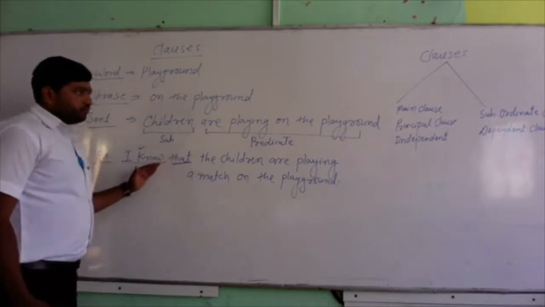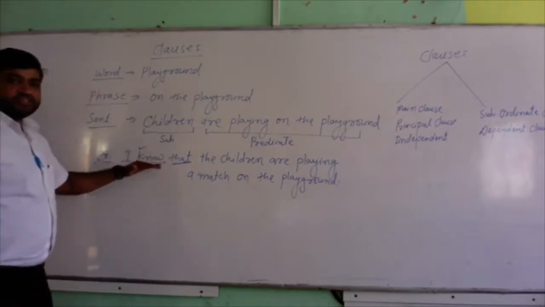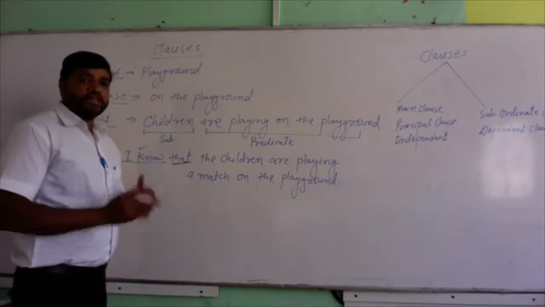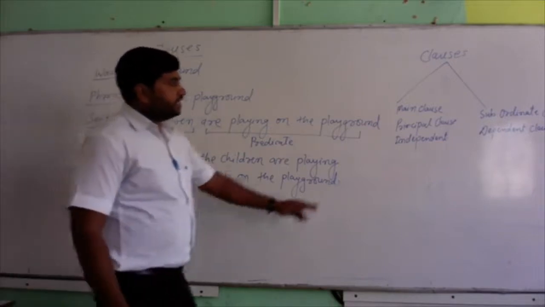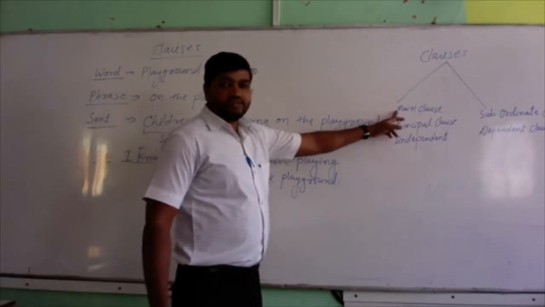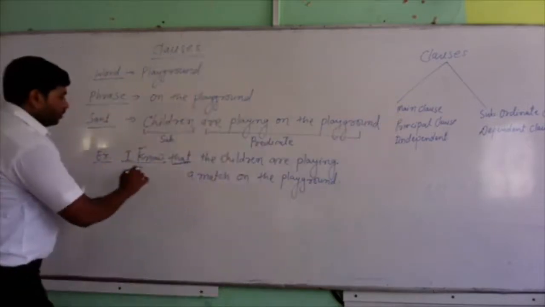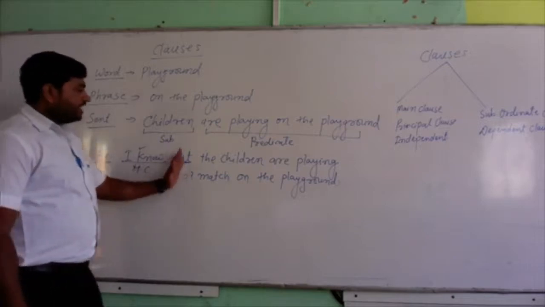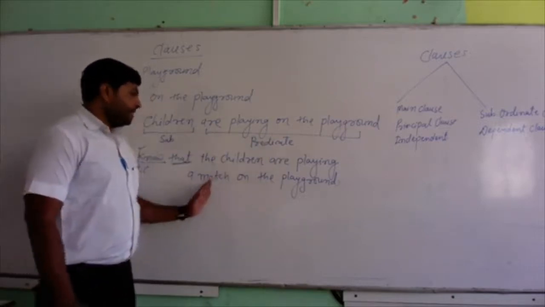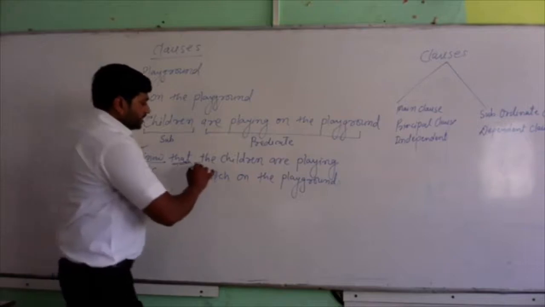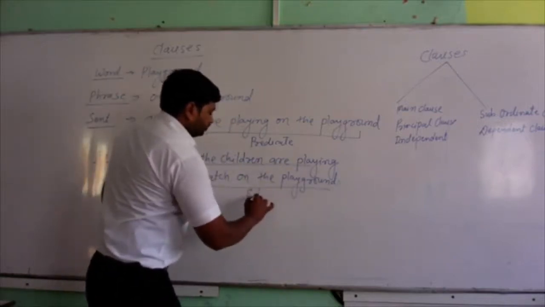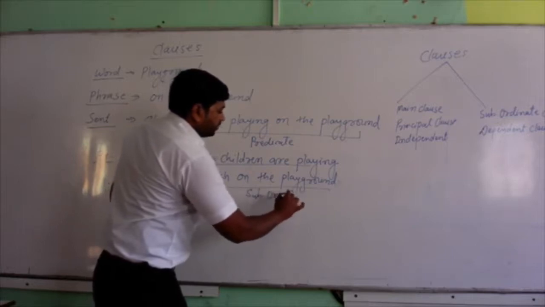So the part of the complex sentence which can complete its meaning independently is called the main clause. So "I know" is the main clause of the sentence, and "that the children are playing a match on the playground" is called the subordinate clause.